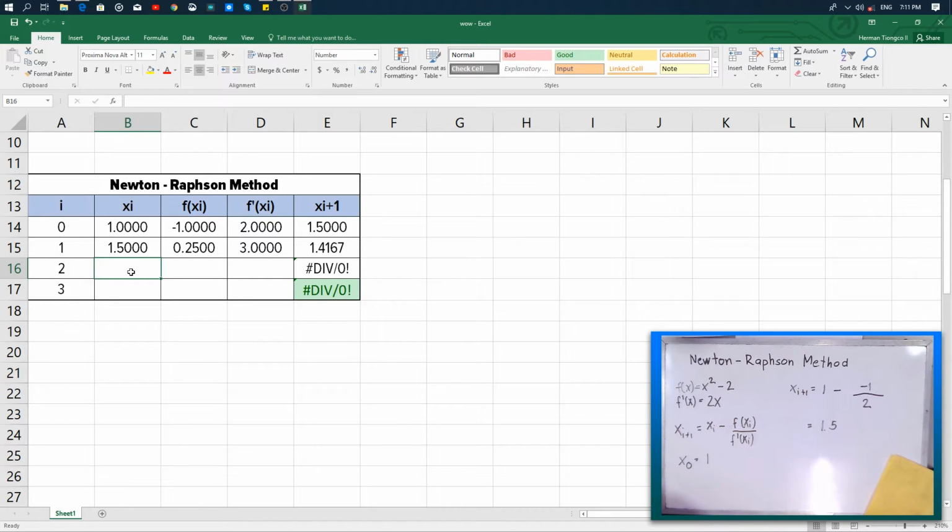If we continue these steps, I have already pre-computed the values, so if you want to get the values by yourself, do it at home, and so you could practice the Newton-Raphson method.